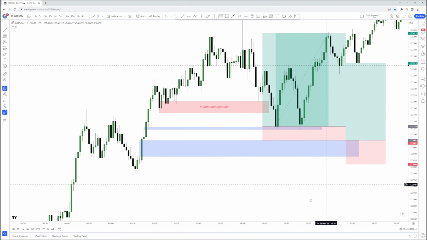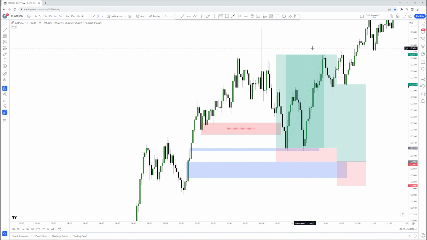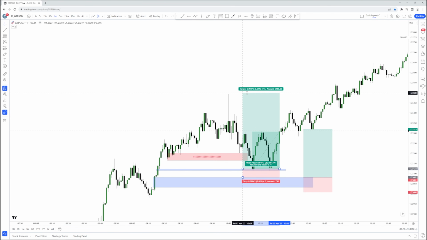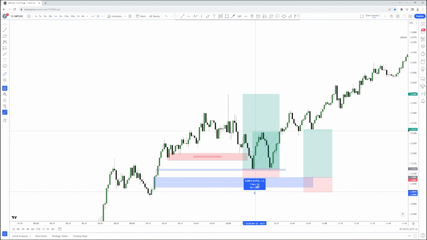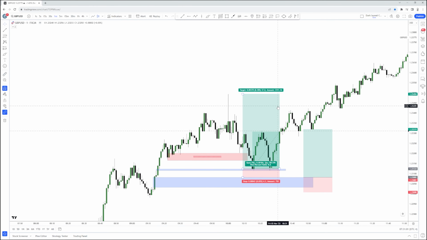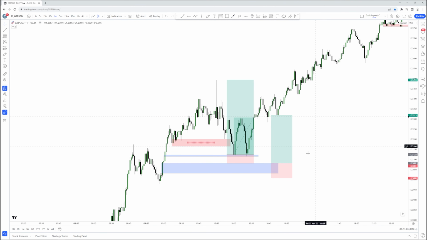So you would be having 2 pending orders. You see, the first one got activated with a 4.3 pip stop loss. This one gave you until here only, and within, let's check it out, within how long? 50 minutes, an 8.6 to 1 reward to risk.